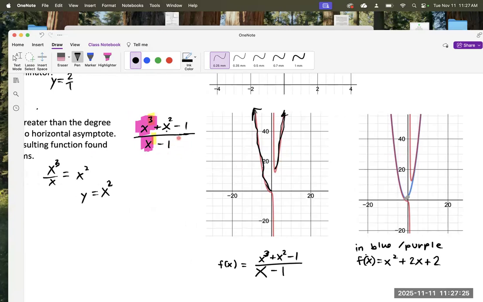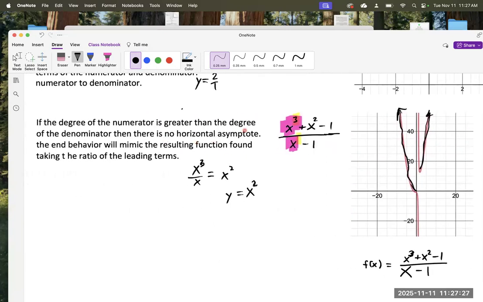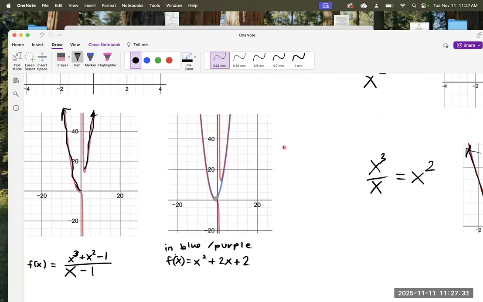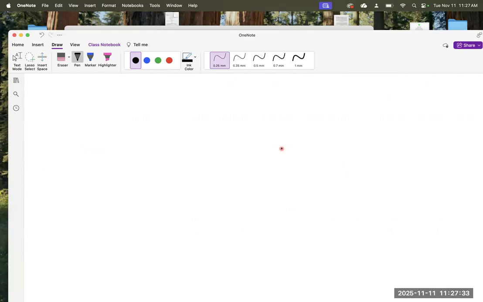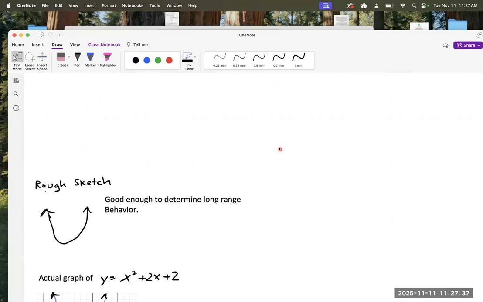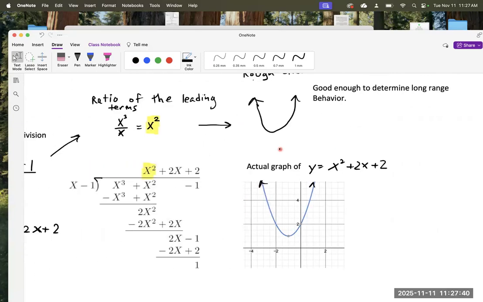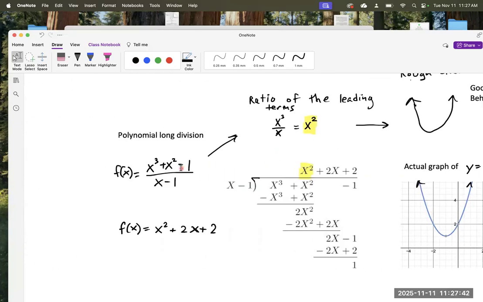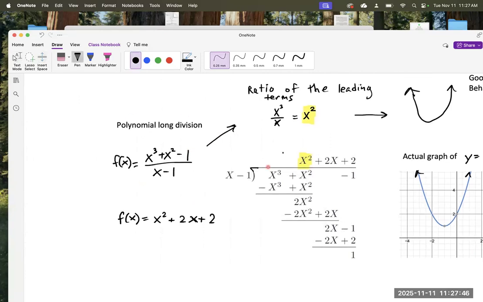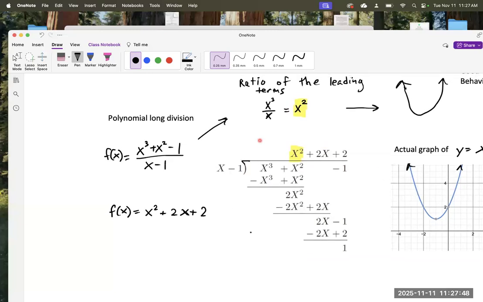Interestingly enough, when you do have your degree in the numerator larger than the denominator, you can actually perform long division. And I have done it. Here's my long division, I believe. So you could have actually done the polynomial long division.